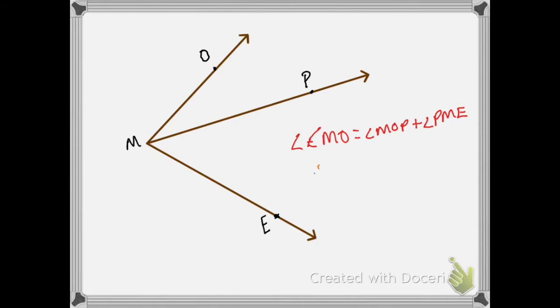Now, the subtraction axiom, you've seen this before, means that I can subtract any angle from the left side and the right side, and these two will still be equal. So I can subtract angle PME from both sides.